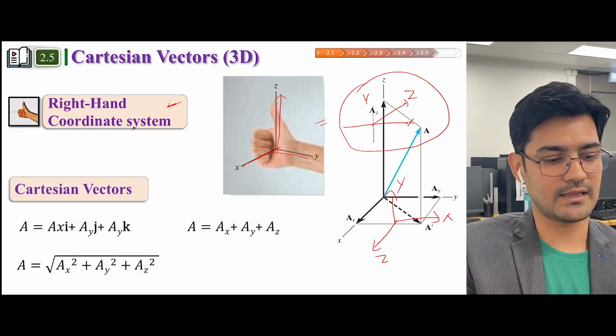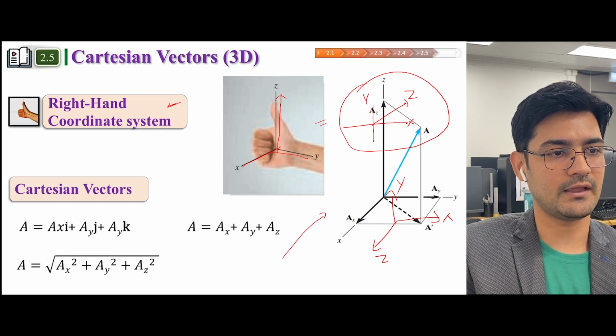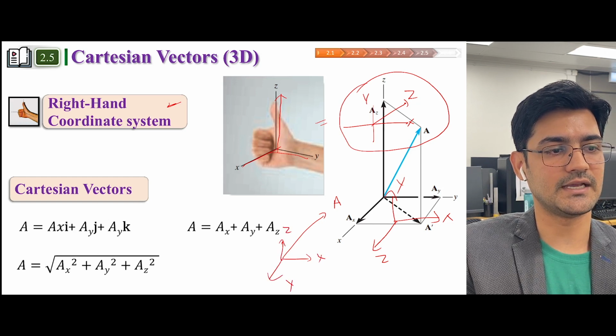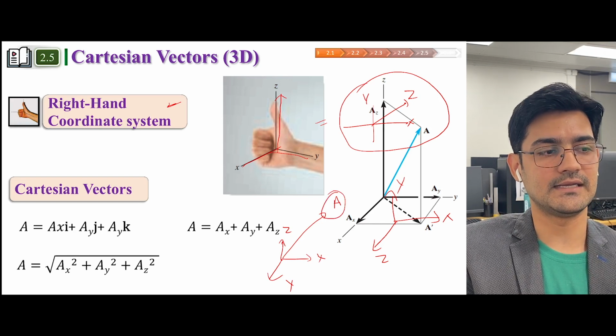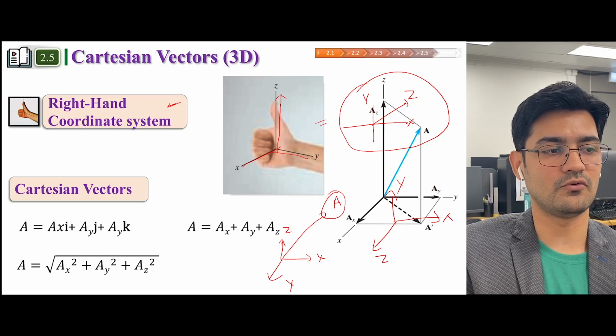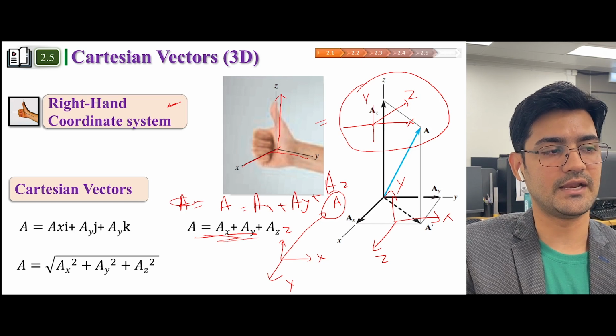Let us take an example of this vector A, and these are the axes. This is the x-axis, this is the y-axis, this is the z-axis, and you have to resolve these components into x, y, and z. Similar to what we were doing before, we can also do in this case. This resultant force A we can calculate by adding the individual components in different directions.